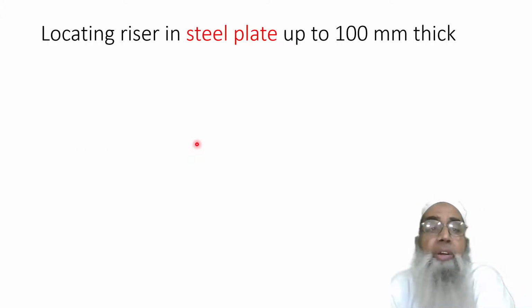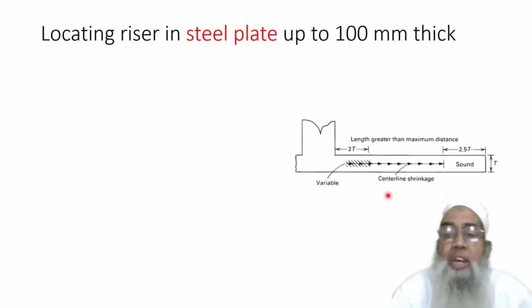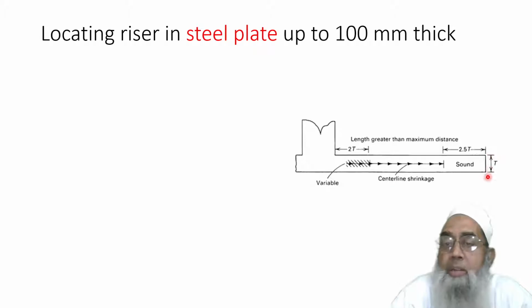Now, let us see how to locate and place a riser in a steel plate up to 100 mm thick. Here we can see this is the sand. Due to the sand, it gives a sound casting up to 2.5 times the thickness of the casting, the sand mold, I mean.